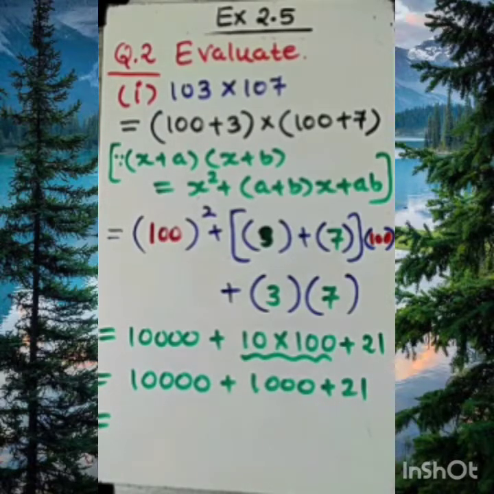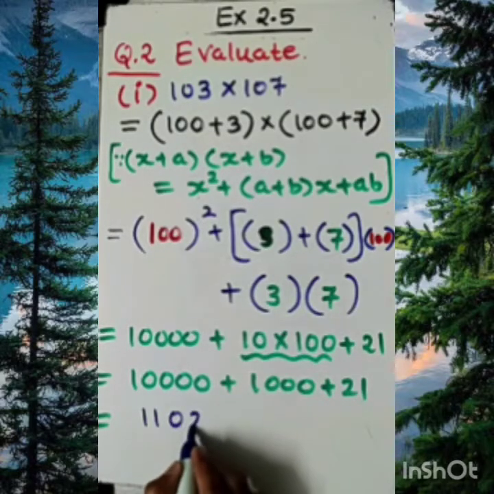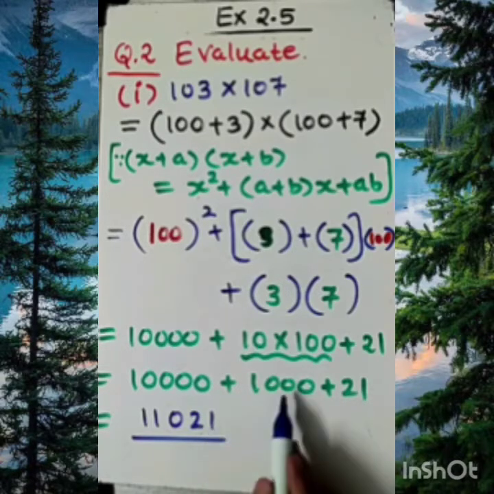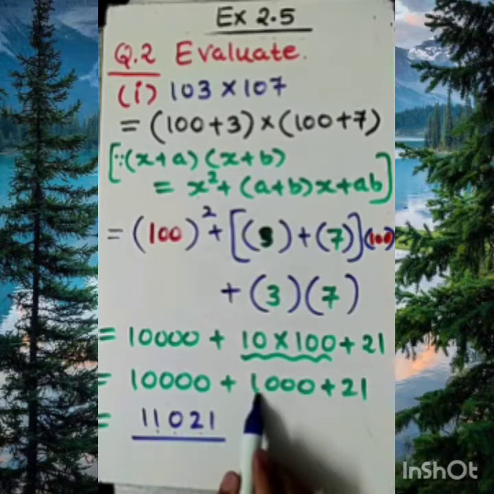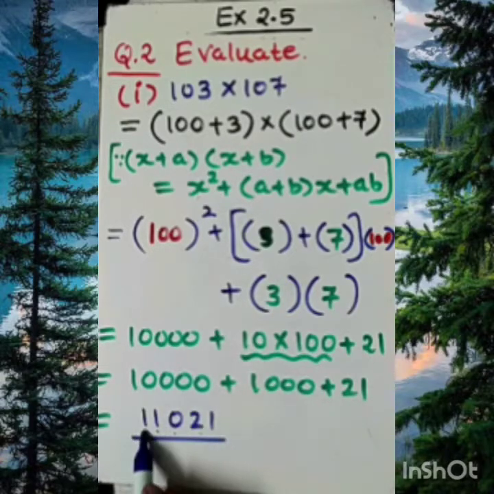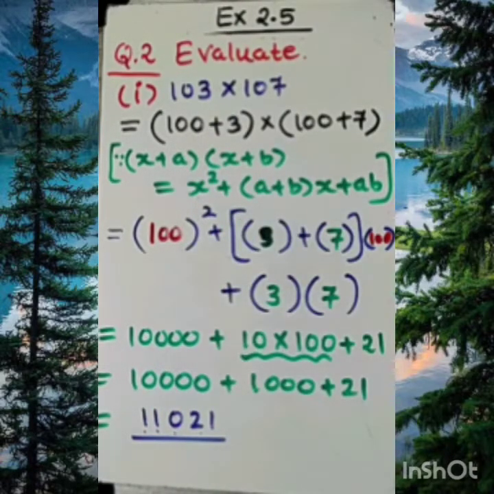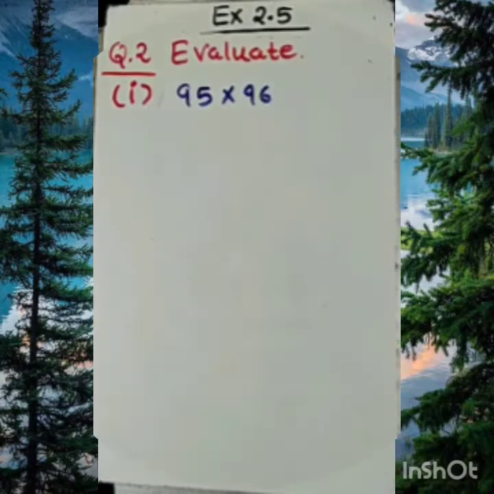If I add, it gives the result 11,021. So the product of 103 into 107 without multiplication, we can say, is 11,021 by applying the useful identity.